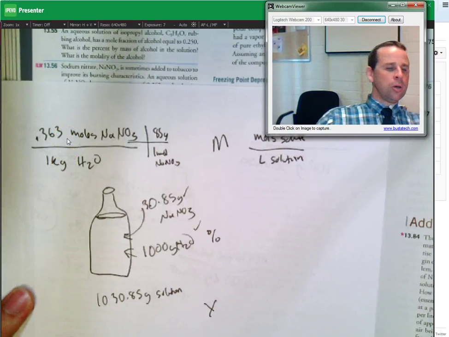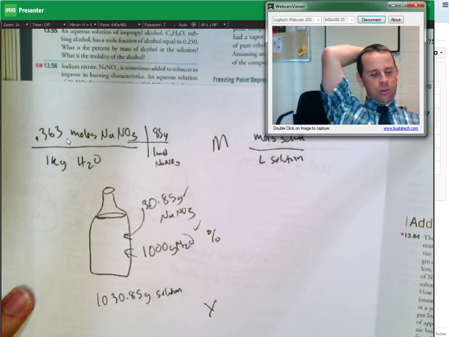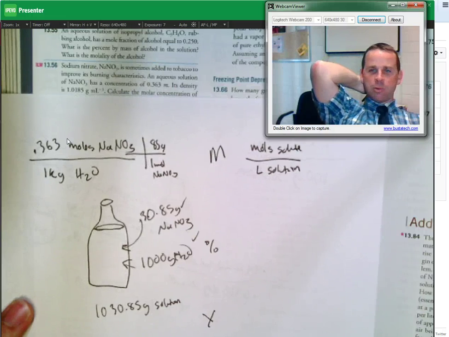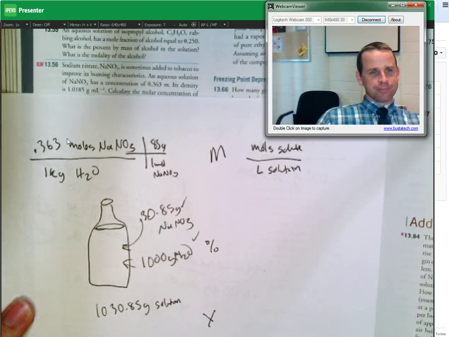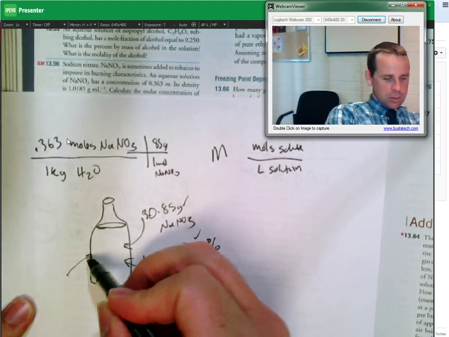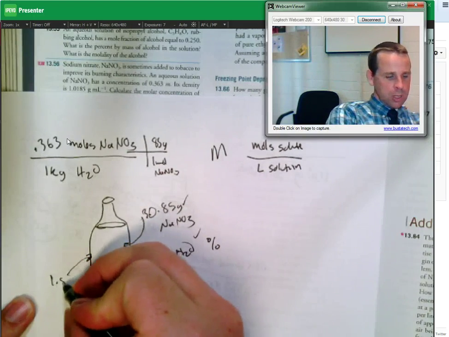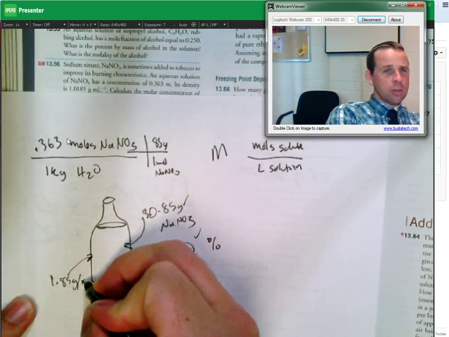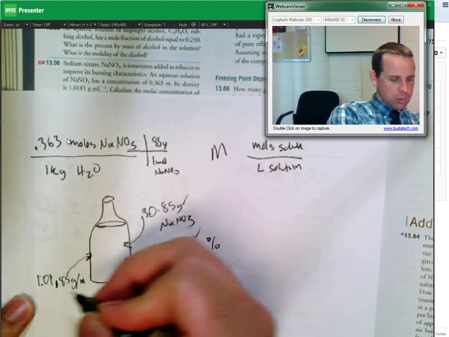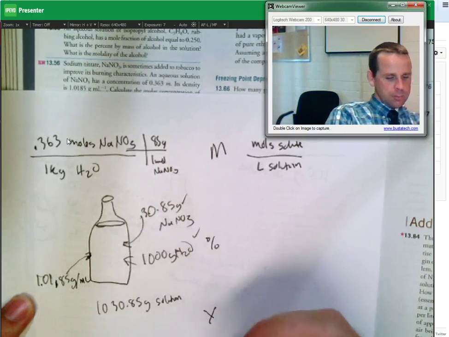I also know the density. The density is 1.0185 grams for every milliliter of this stuff. So then I can find out what the volume is.